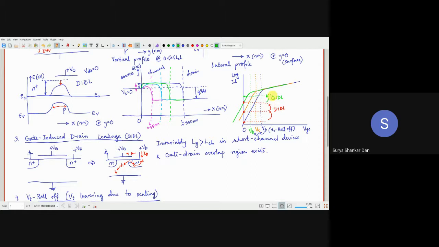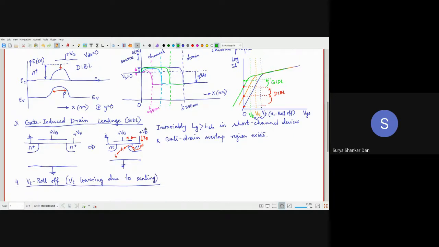And the moment you see that GIDL has begun, that means you cannot think about scaling any further because leakages have started. So what you have to do is think about alternative structures like 3D architecture. Got it?